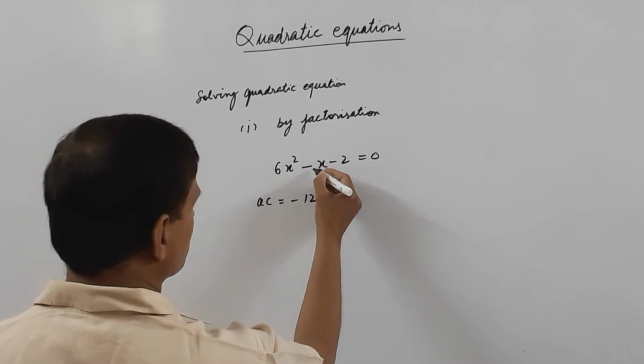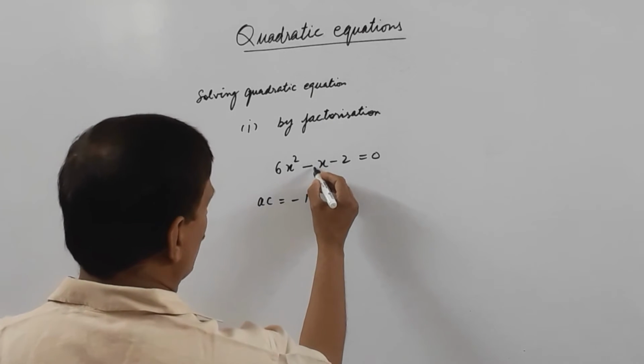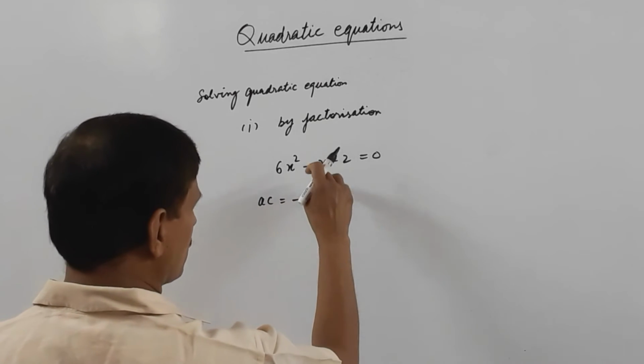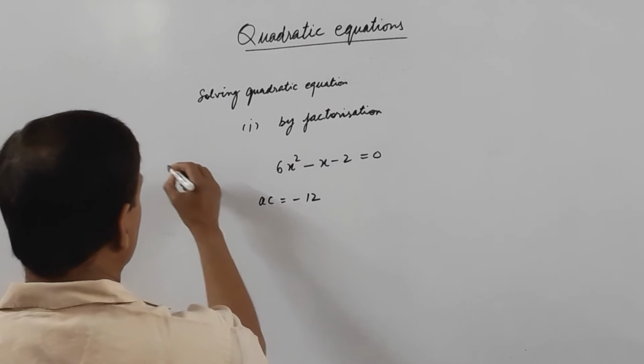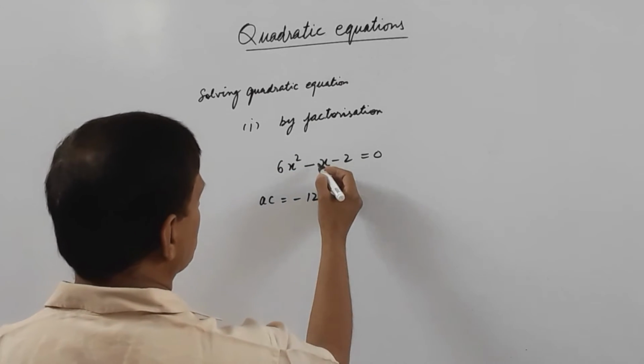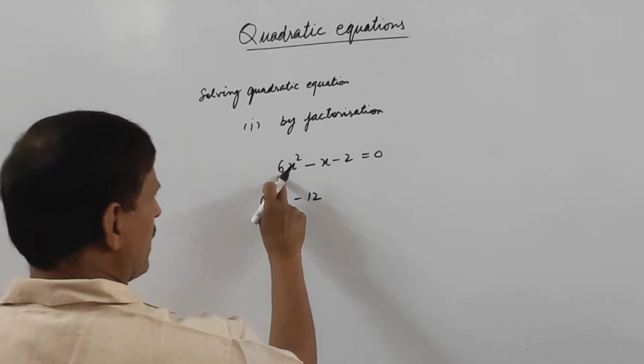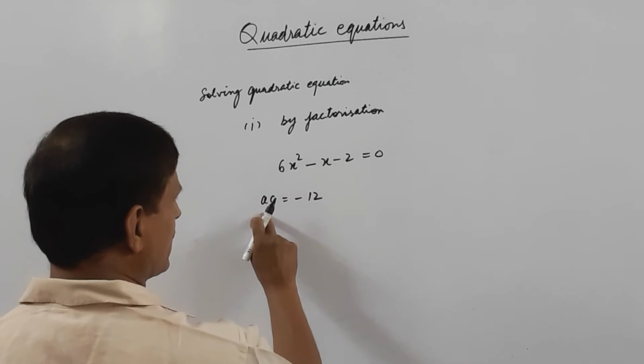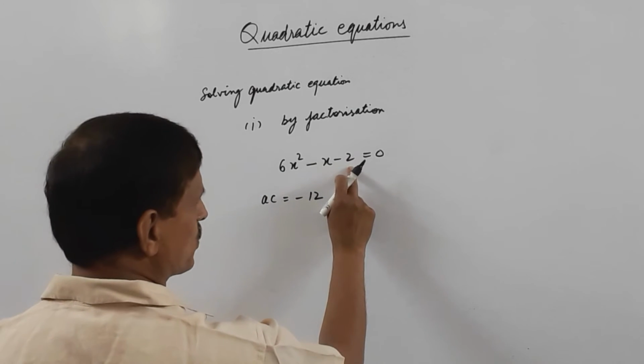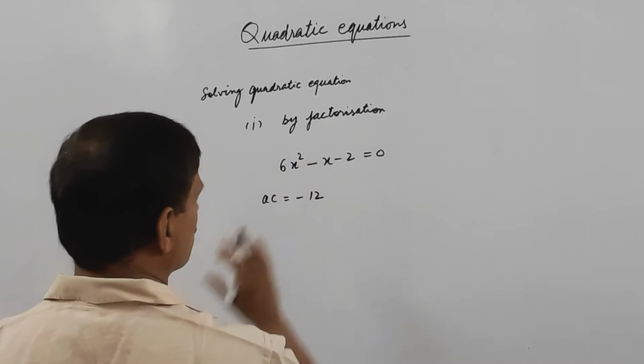We split the middle term. Here coefficient of x is minus 1. In standard form, if we compare, this is B. Coefficient of x square A is 6 and constant term is minus 2. So instead of B, it is minus 1.